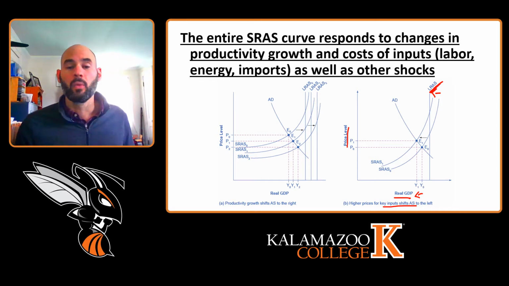On the other hand, when we have productivity growth, maybe due to a new technology or a new system of organizing production, such as the assembly lines in the early 20th century, then not only do we increase our short-run aggregate supply and shift our short-run equilibrium to the right, but we also shift our long-run aggregate supply and thus shift our potential GDP, our full employment GDP, and increase the total long-run capacity for our economy to exist at equilibrium.